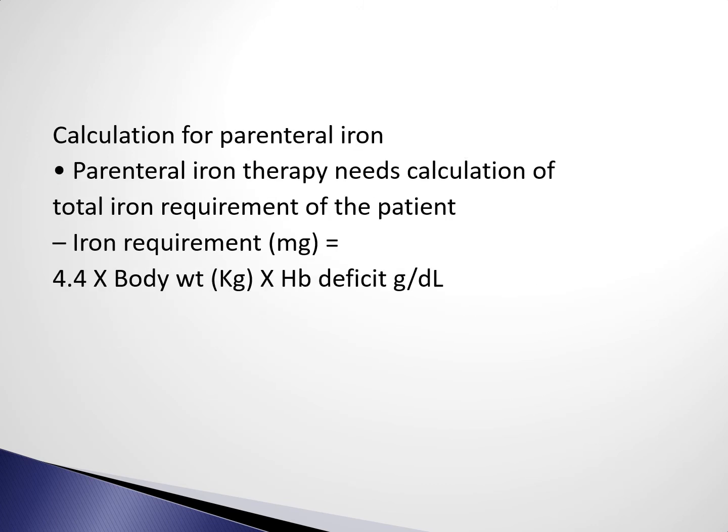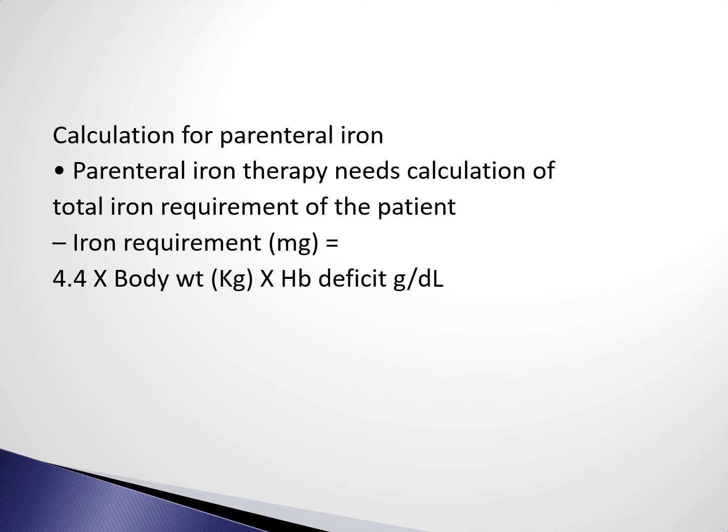Now you cannot randomly give these parenteral iron preparations. You have to calculate how much iron is to be given to the patient, and there is a formula for the calculation in which you get the total iron requirement of the patient. The iron requirement here is in milligrams, and the formula is 4.4 into body weight into HB deficit.